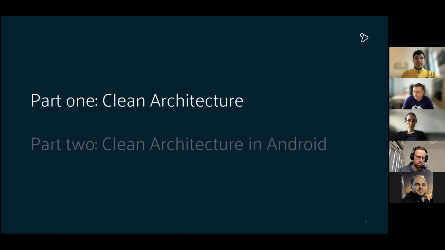So my talk will be in two parts. In the first part, I will talk more about clean architecture. Why should one use clean architecture? What is clean architecture? The characteristics and the layers of clean architecture, and some design and component principles. And then in the second part, I will talk about how to adapt clean architecture with practical steps into Android projects.